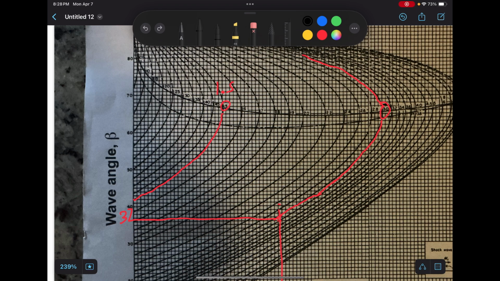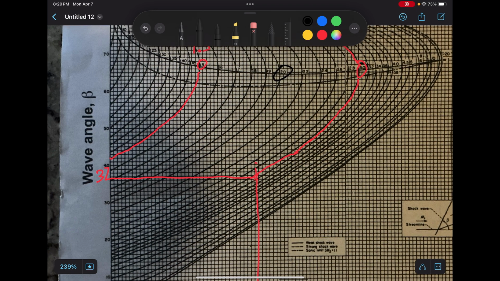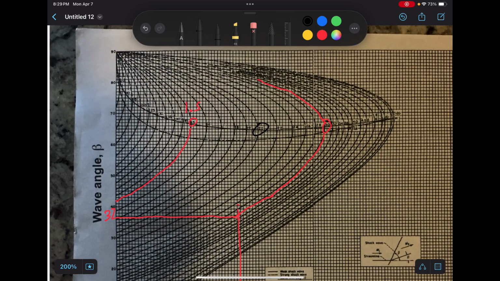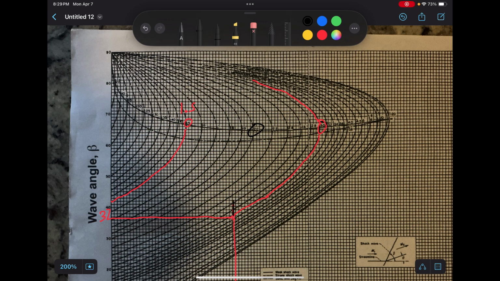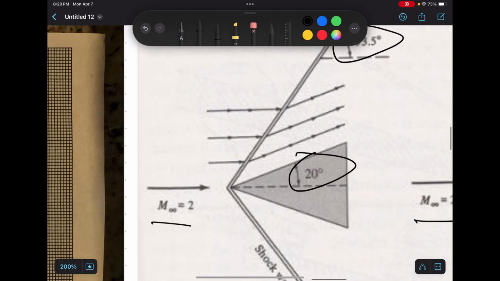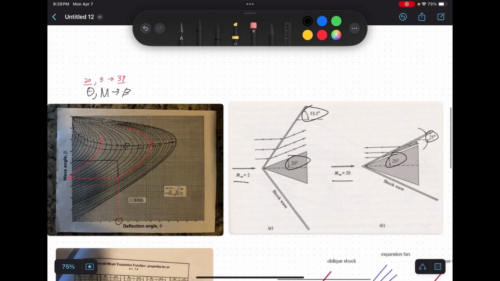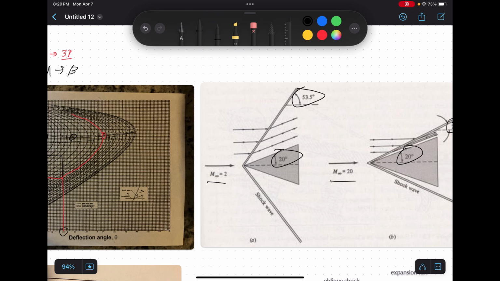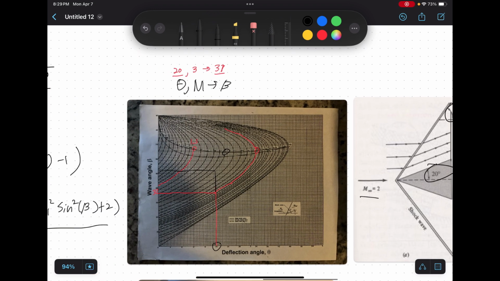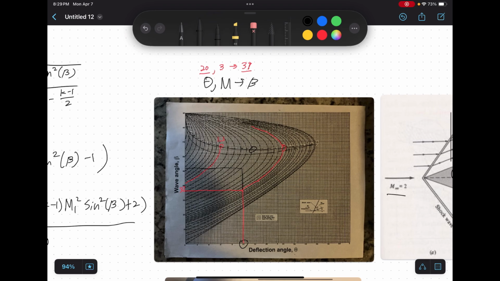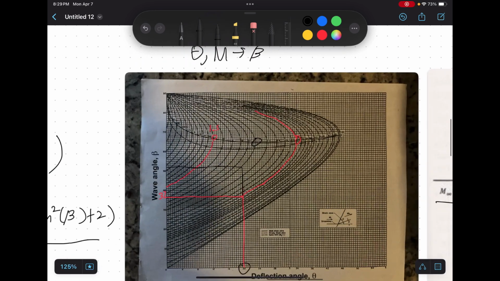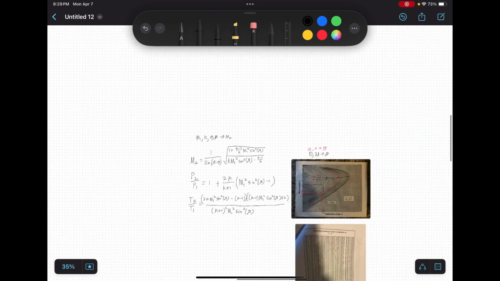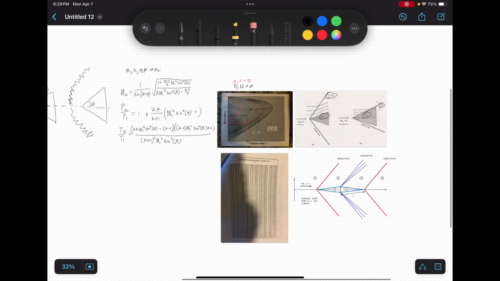That will go up to this line. Go like 52 or something. 53. Yeah, okay. So that makes sense. But it's saying as the Mach number increases, beta angle decreases. I guess we could have gone over this earlier, but that's fine. That's kind of all you need to know here.